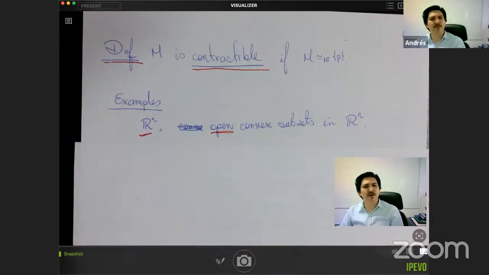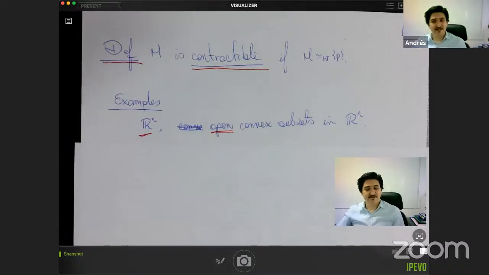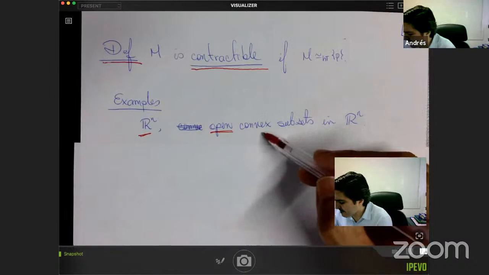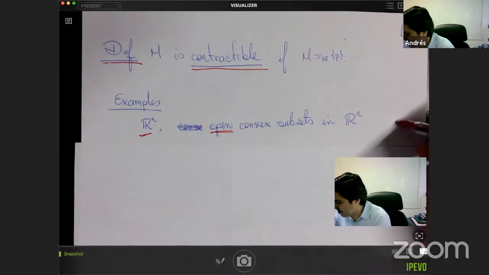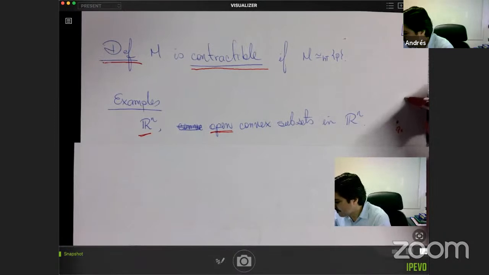So any open convex set in Euclidean space is contractible. And you can think of the homotopy. Being convex is that there is a point such that for every other point, the segment lies in the set.